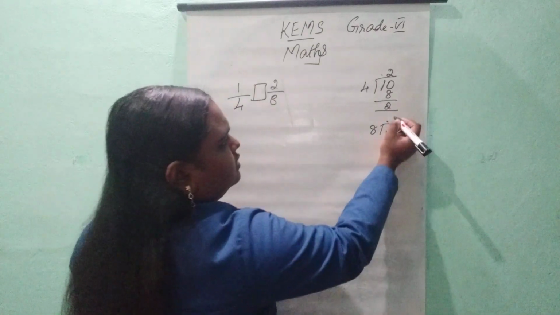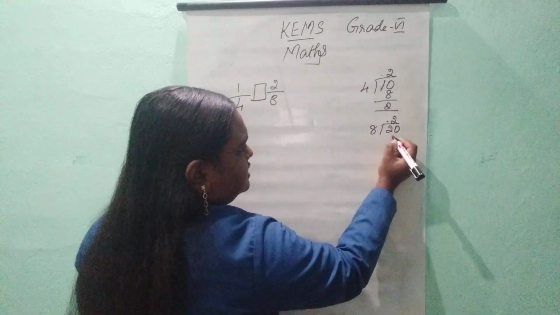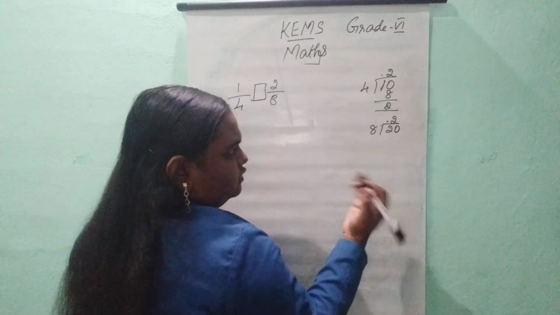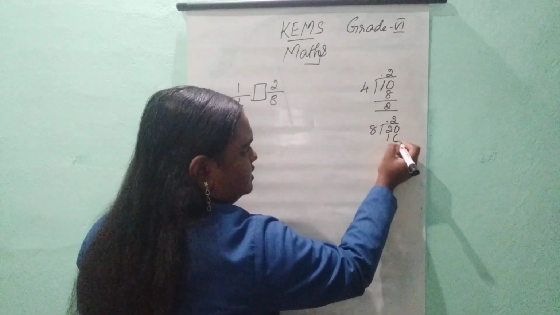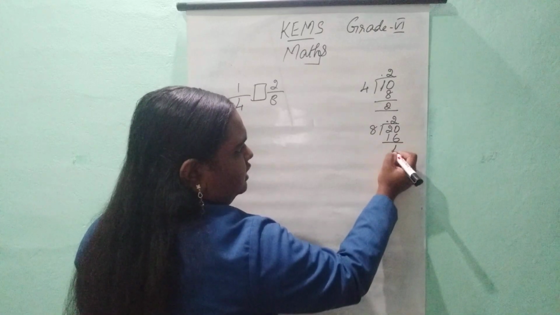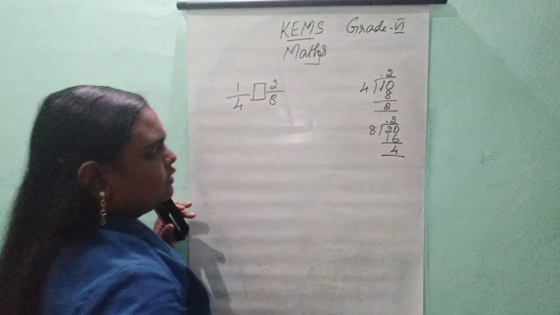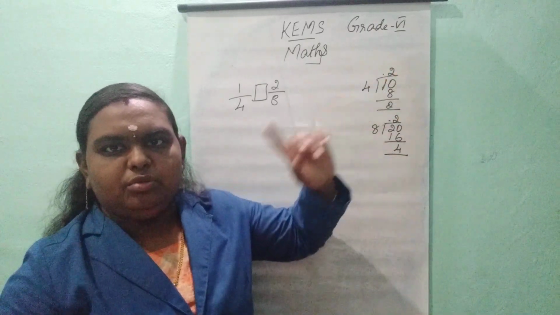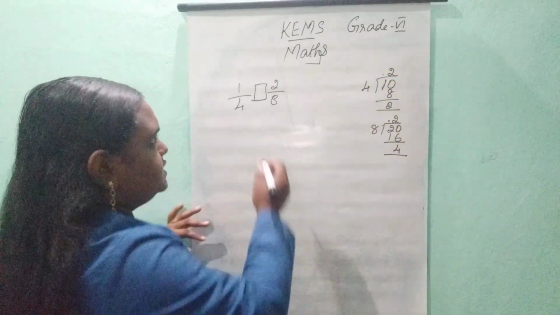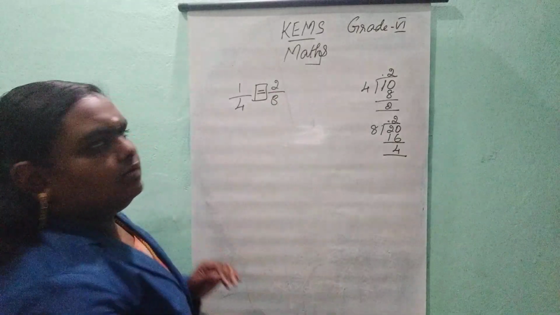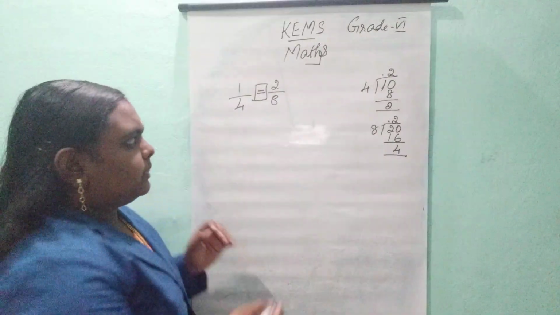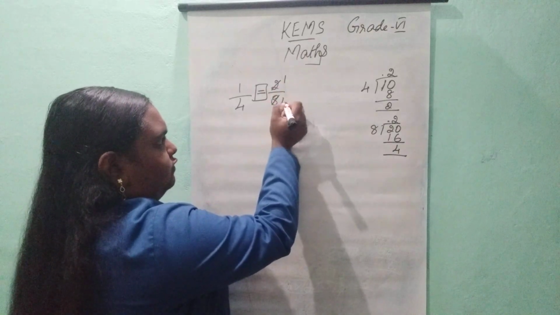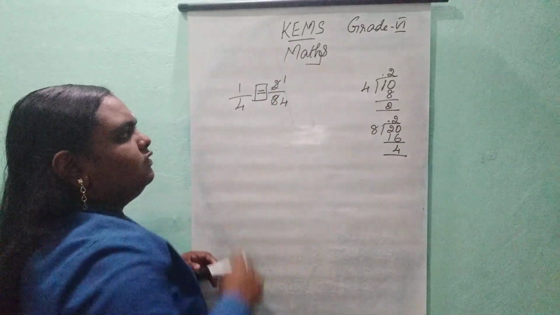So 2 8s are 16, 3 8s are 24. So 8 2s are 16, remaining 4. So it is 0.2 and here also the number is 0.2. So it is equal. Or otherwise we can do it here itself. 1 2 is 2, 4 2s are 8. So 1 by 4, 1 by 4.